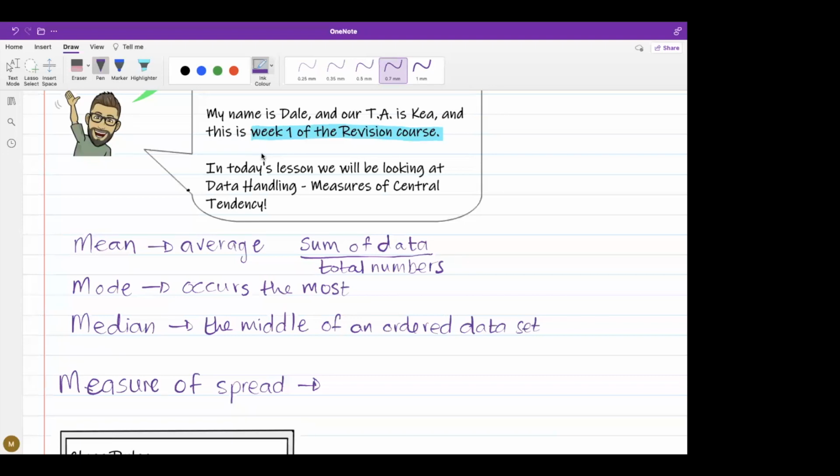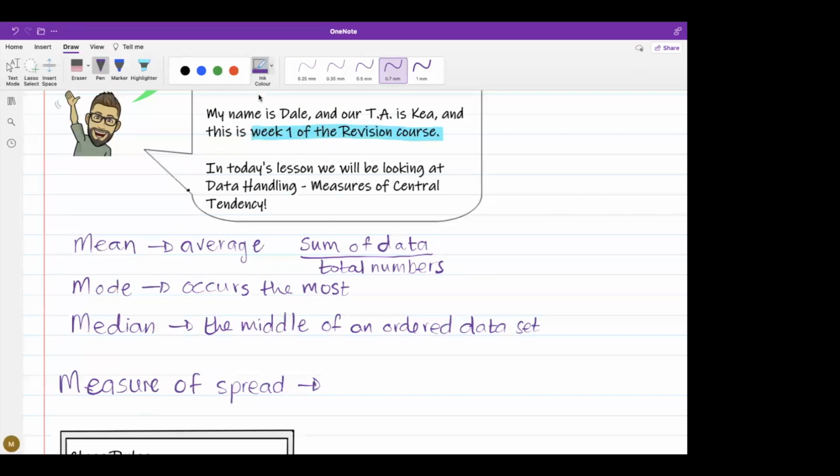What do we calculate? Any takers? Ma'am, I'm not sure, but I think it's like the largest number minus the smallest. That is exactly it. Well done.